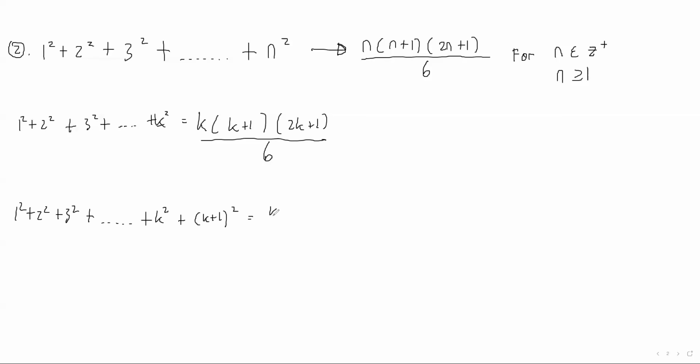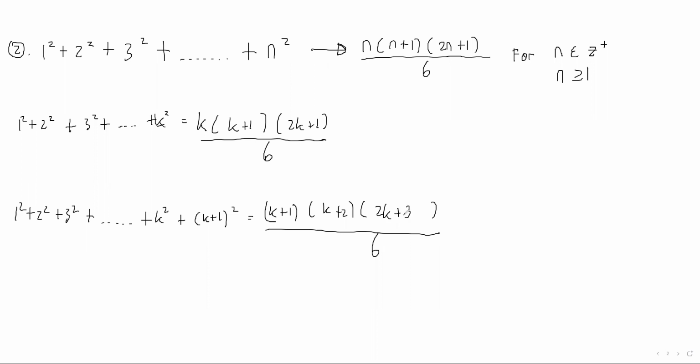So we're going to end up with k plus 1, close bracket, open bracket, k plus 1, which is k plus 2, right? And then 2n plus 1, so 2 bracket k plus 1 plus 1, and then divided by 6. So we can just try to expand the bracket in here. So 2k plus 1 is basically 2k plus 2 plus 1, so plus 3, right? So we can change this thing into 2k plus 3 just to make it easy.